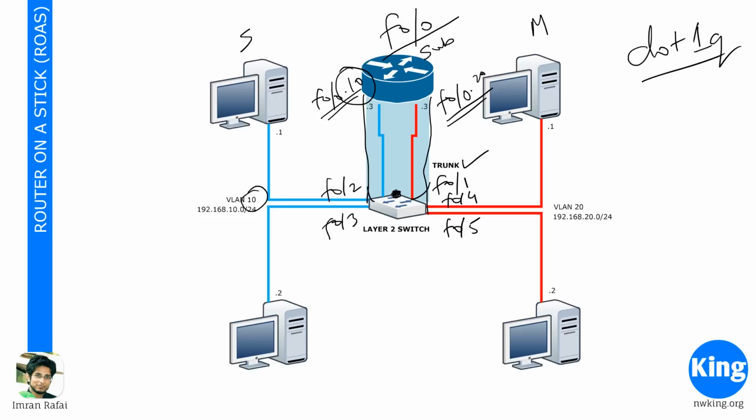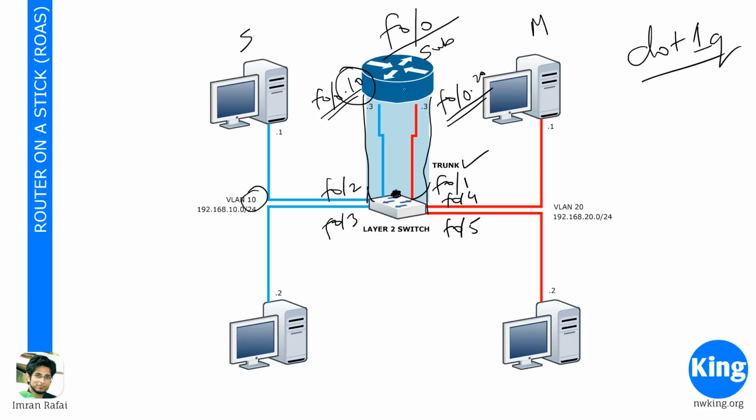So the switch will use .1q encapsulation on the trunk. It will send out those frames onto the trunk by tagging. So let's say if it's coming from VLAN 10, they put a VLAN 10 tag and send it out. What is coming on red, VLAN 20, it puts a VLAN 20 tag and sends it out.